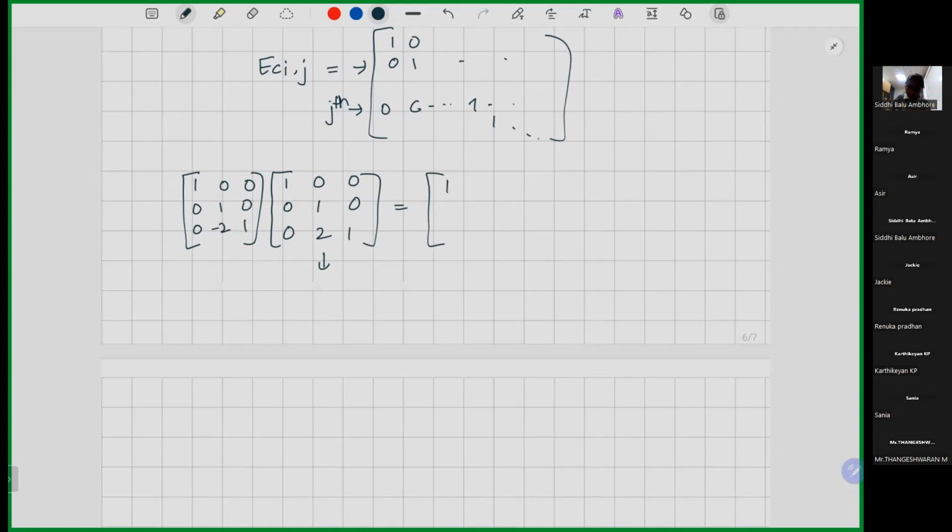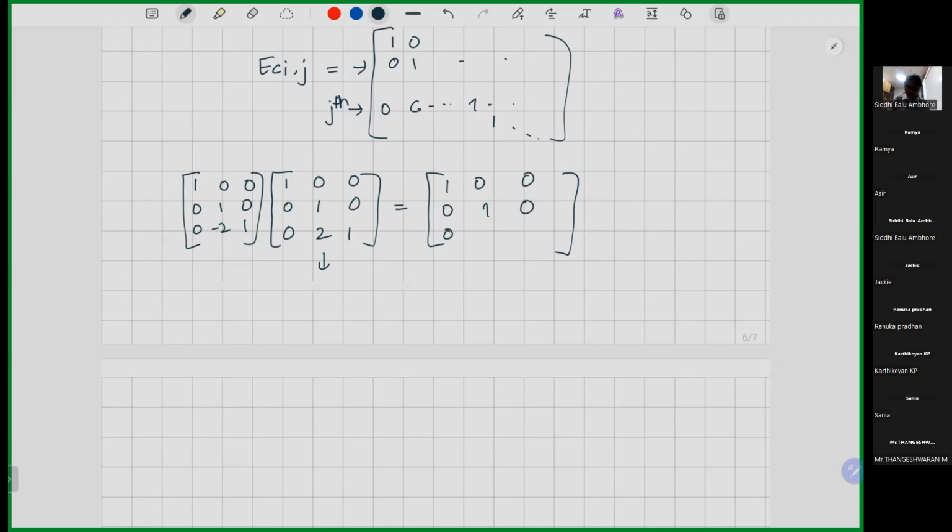So let me multiply this. This is 0, 0. Here everything is 0, 1, 0. And note that here it is 0, minus 2, plus 2. So here I have again this entry 0. First entry is anyway 0.